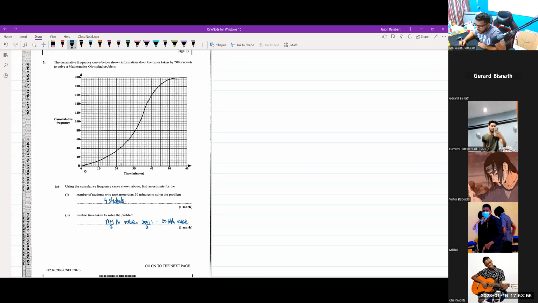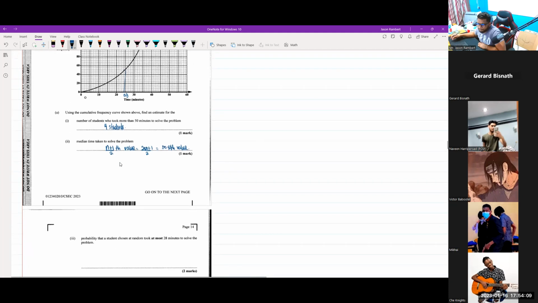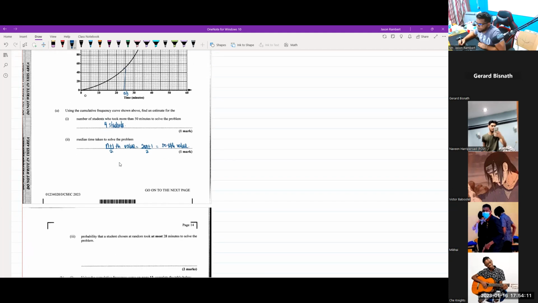Forty, 44, 48. So the median time is going to be approximately 25 minutes.